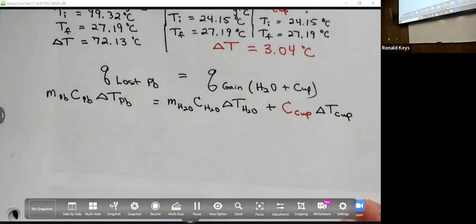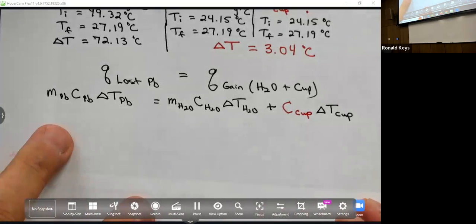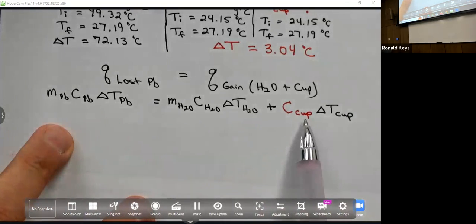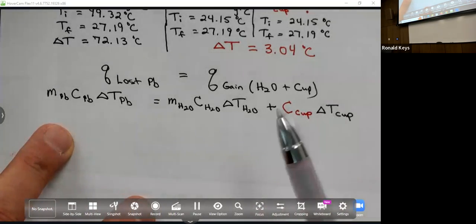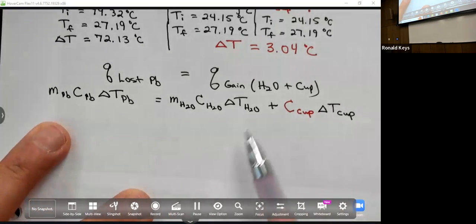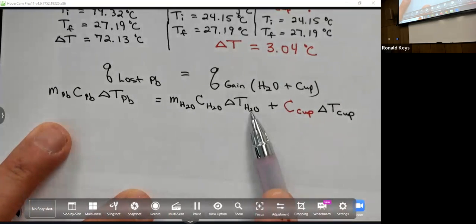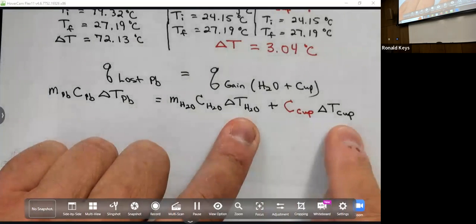So let's see. Would it help to factor that out? We could factor that out. I'm trying to figure out a way to solve this without turning this into a mess quickly. This is the same number, right? This change in temperature here of the water in the cup is exactly the same. So I could factor that out of there.